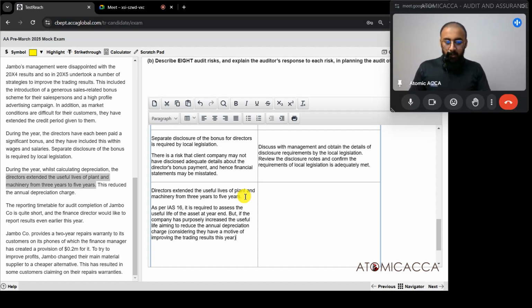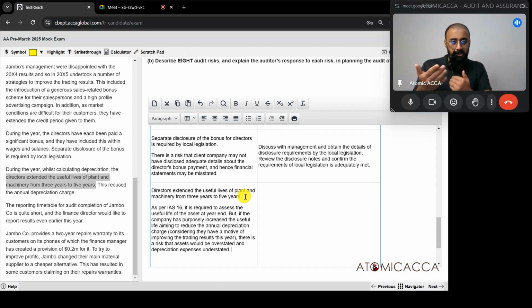That means they want to improve their performance this year. So if they're purposefully trying with that motive to reduce the expenses, there is a risk that assets would be overstated and depreciation expenses understated.